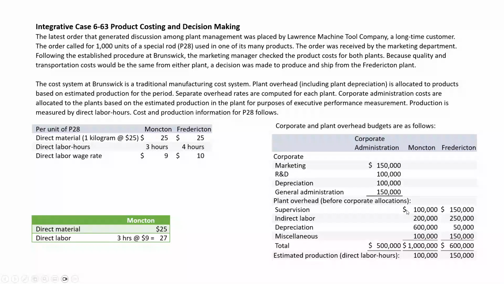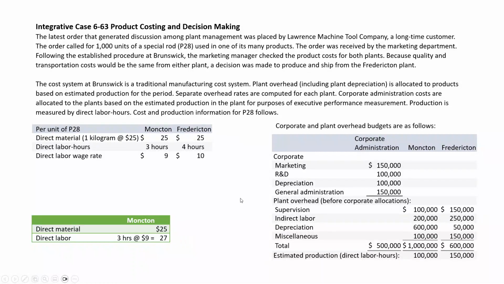That's going to be our supervision for Monktown of $100,000, indirect labor of $200,000, depreciation of $600,000, and miscellaneous overhead of $100,000. That adds up to a total of $1 million estimated overhead for Monktown. Again, our predetermined overhead rate is going to be based on direct labor hours.